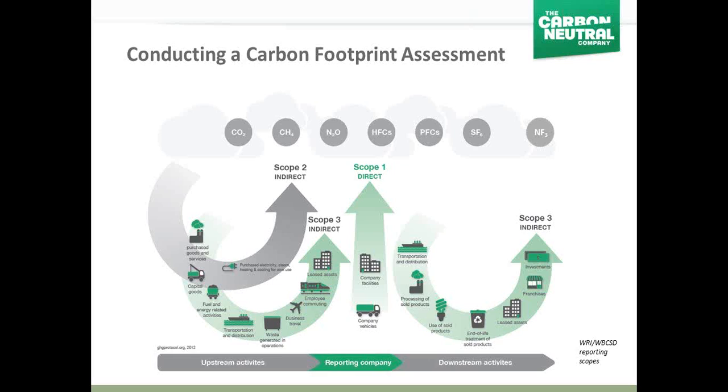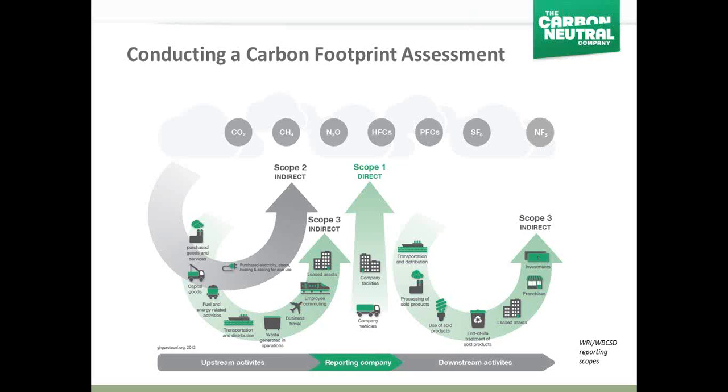The cloud at the top of the page illustrates the greenhouse gases that should be included in your company's carbon footprint. And there are two main types of emissions, direct emissions and indirect emissions. Direct emissions are known as Scope 1 emissions, and they're depicted by the middle green arrow.